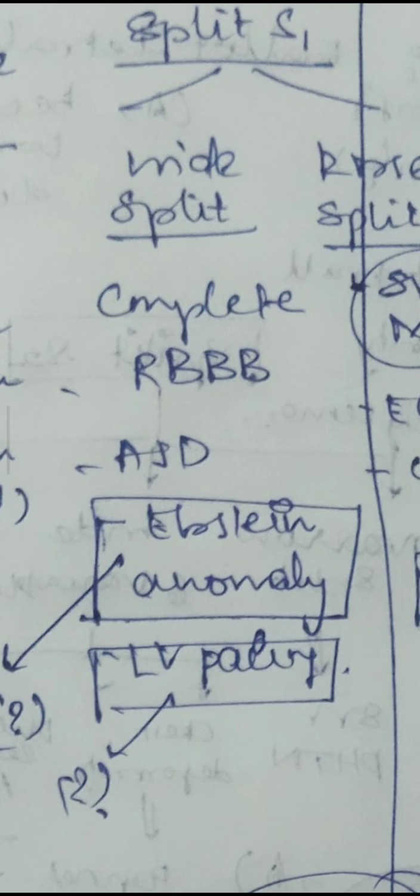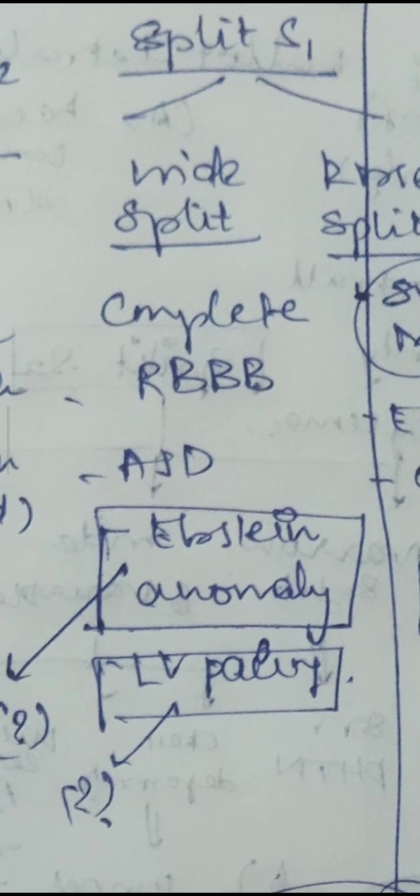So what is Epstein's anomaly? Your Epstein's anomaly is nothing but the tricuspid valve being placed lower than in an anatomically normal heart. An anatomically normal heart will have a tricuspid valve at a normal position, whereas in Epstein's anomaly the tricuspid valve is lowly placed.